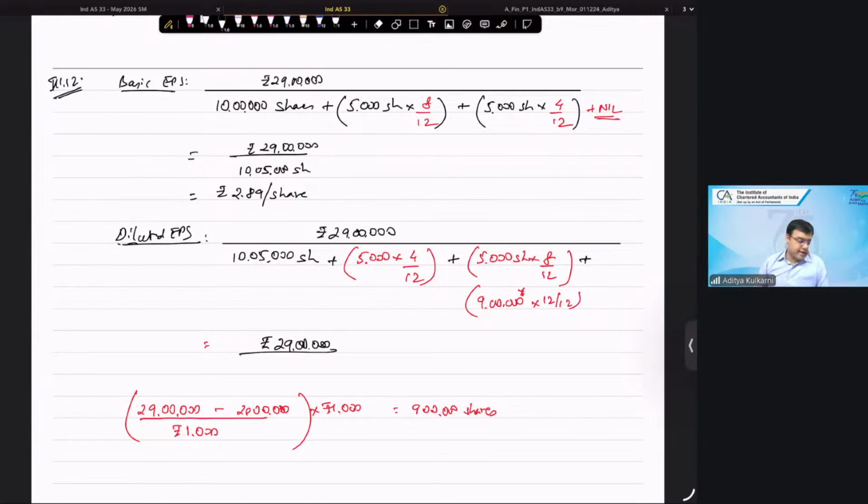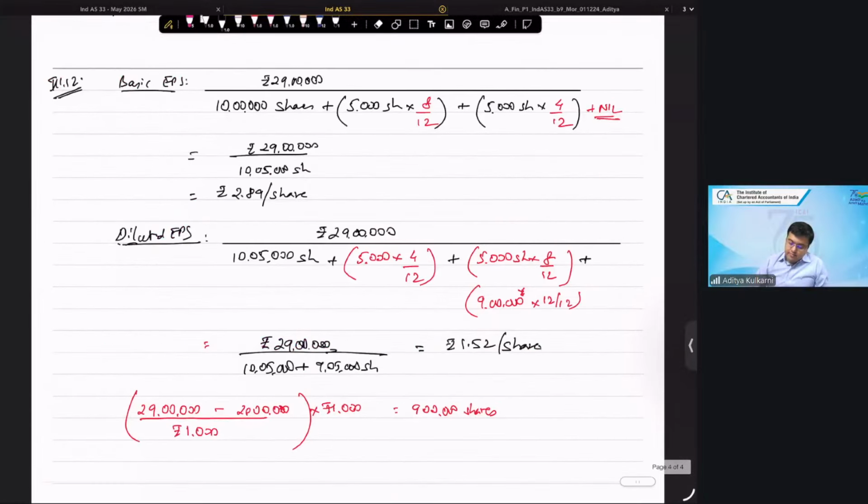29 lakhs divided by 10 lakh 5,000 plus 9 lakh 5,000 — this gives you rupees 1.52 per share. Is my diluted less than basic?